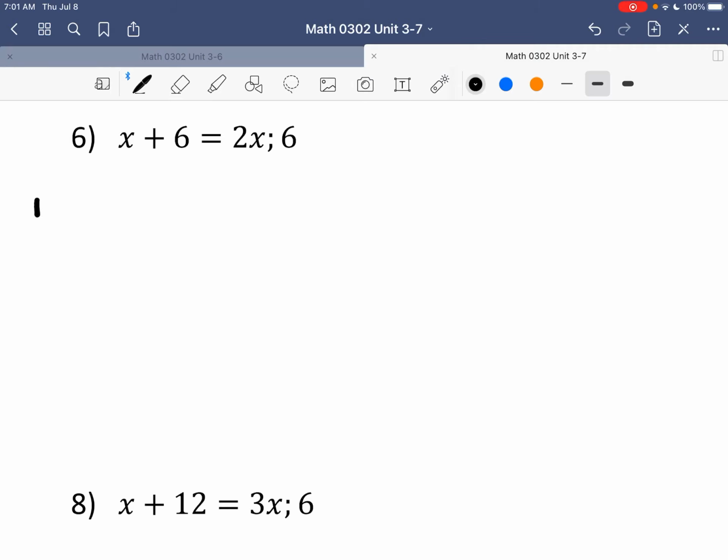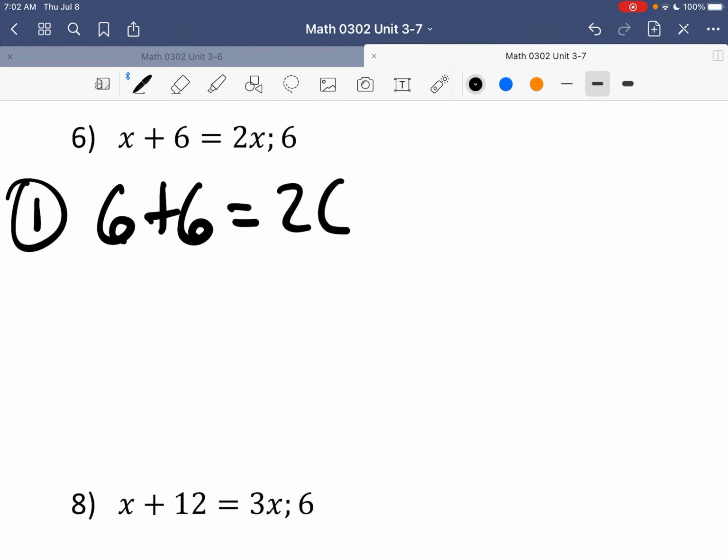We'll do this one in steps. First step, wherever we see the variable x, we'll substitute in the number 6: 6 plus 6 is equal to 2 times 6.